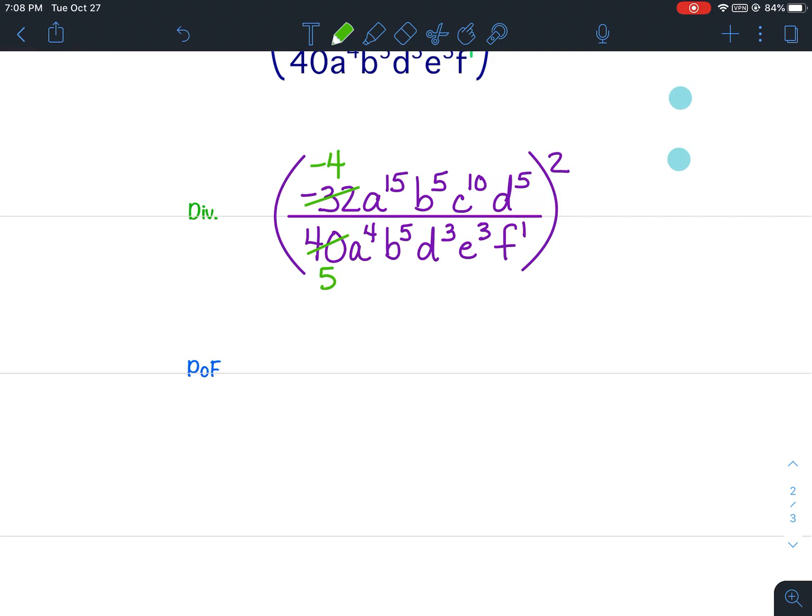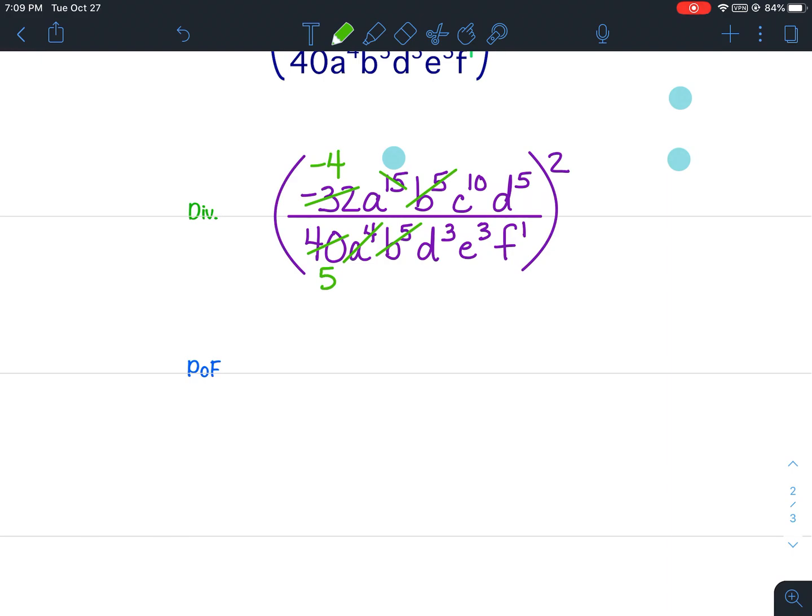All right, you're going to divide the A terms yourself. Go ahead and do that now. For the B terms, we've got B to the 5th in the numerator, B to the 5th in the denominator, so they would just cancel out completely.